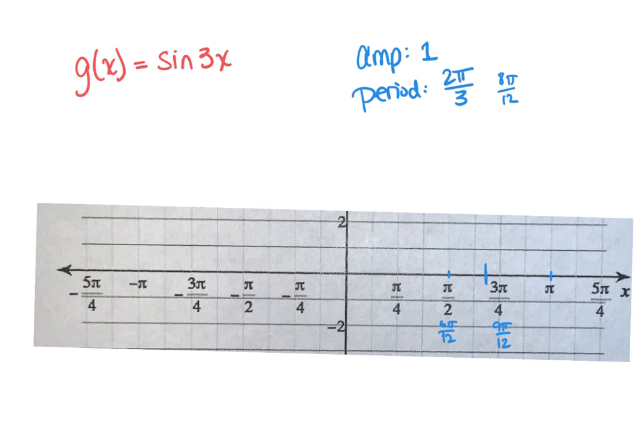And I'm just eyeballing it, all right? So when you have to figure out where something is, just get as close to it as possible and then mark it. So this is 2 pi over 3, okay? And once you figure out where it is, then you just have to do your halfway mark and your quarter marks.